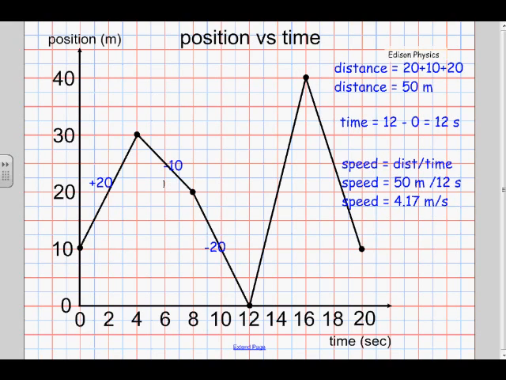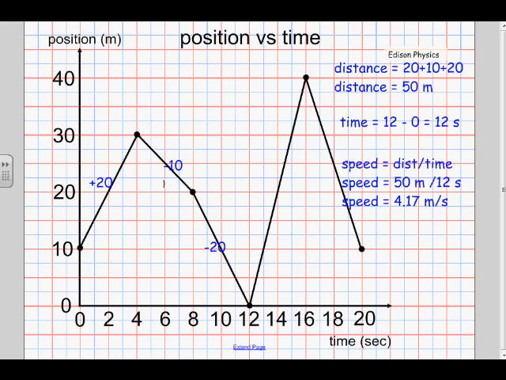When we pick intervals of time like this and we look at the graph and we figure out distance or displacement and calculate these speeds and velocities, what we're really saying is, suppose we started at 10 and suppose we travel 50 meters in 12 seconds. How fast do we have to go at a steady rate to get there?